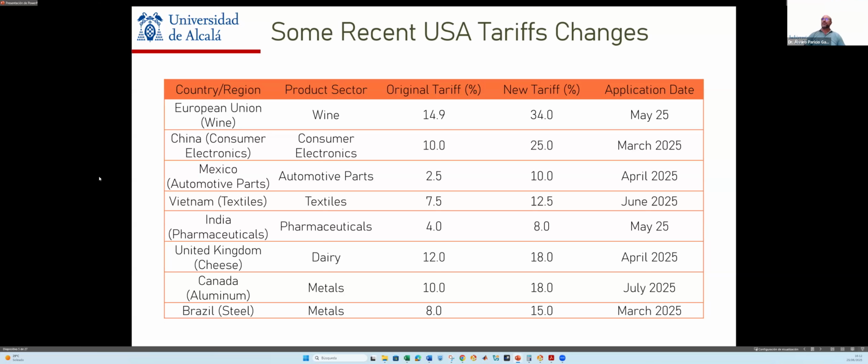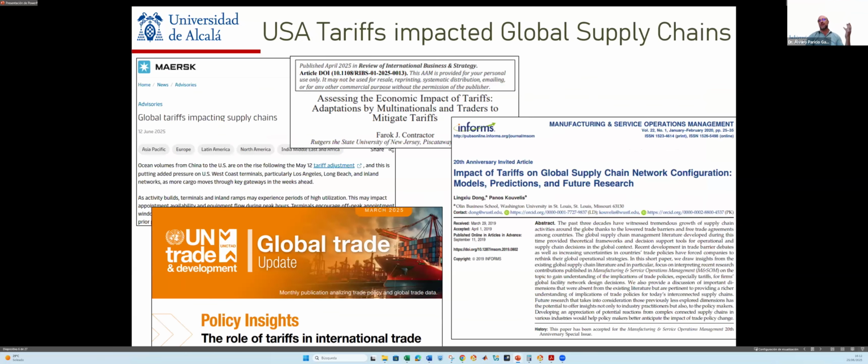Okay, so understanding the new scenario for the tariff, I'm not going to read all of the changes because we are most focused on the technology side, but just to understand that they are really impacting values on the changes that we are suffering. So of course, there is a lot of information around the web.